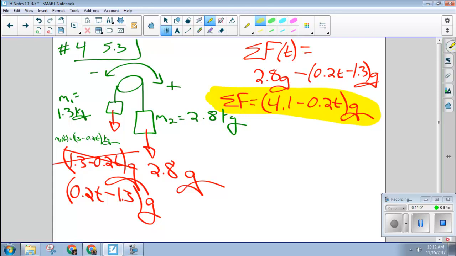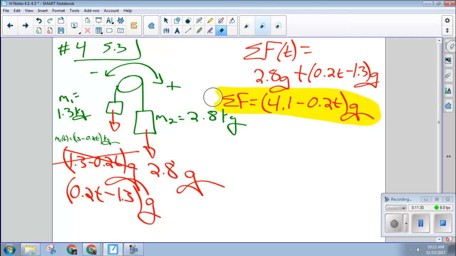Wait a minute. Oh, I subtracted a negative. Sorry, I knew that looked funny. I made this negative to indicate that it was going in a negative direction, so I should have added that negative force. So this should be plus.